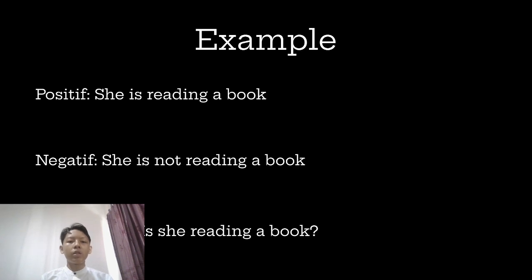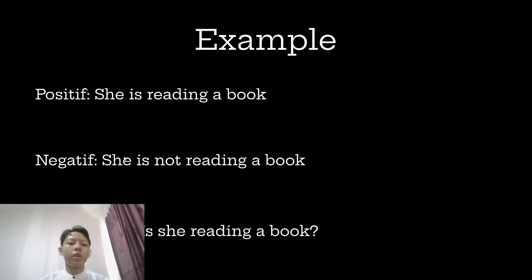For the example, the positive: there is she for the subject, and the to be word, because the subject is she, so we will use is for the to be word, and the last is verb ing, that is reading. So the sentence will be she is reading a book. The second is negative.